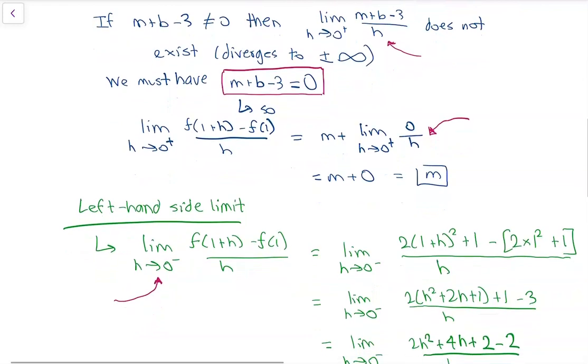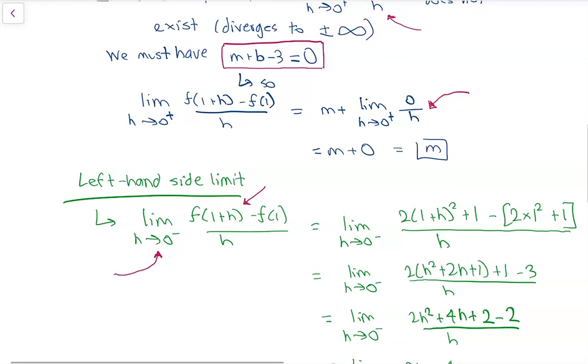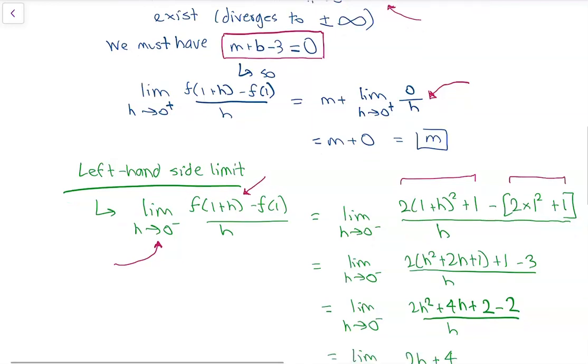This means since 1 plus h is less than 1, we're going to be using the 2x squared plus 1 formula over here for f of 1 plus h, and again we have f of 1 here.